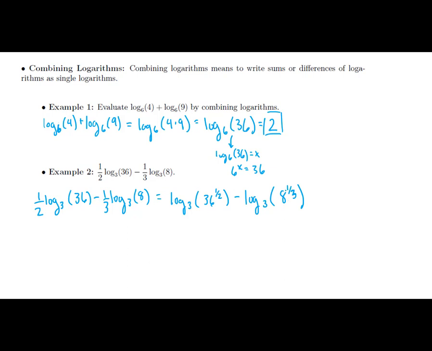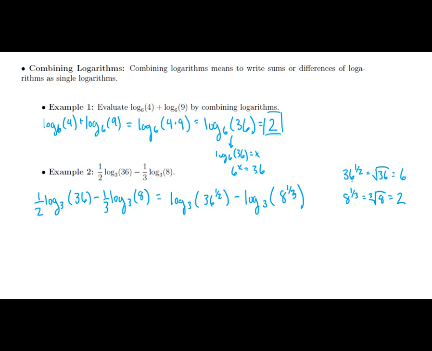This is a 1/3, so it comes up as a 1/3. Now, in this case, both 36 to the 1/2 and 8 to the 1/3 are actually nice numbers, so we can go ahead and simplify. 36 to the 1/2 is the same as the square root of 36, which we know is 6. And 8 to the 1/3 is the same as the cube root of 8, which is equal to 2.